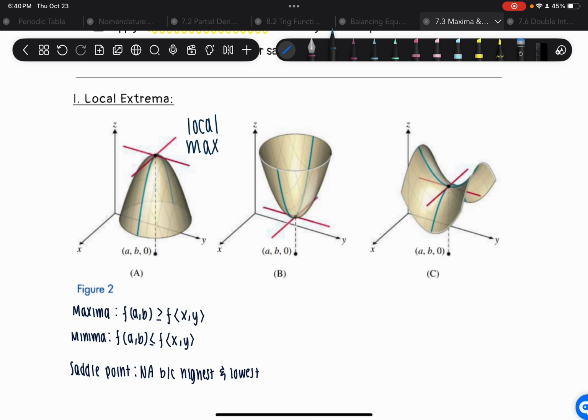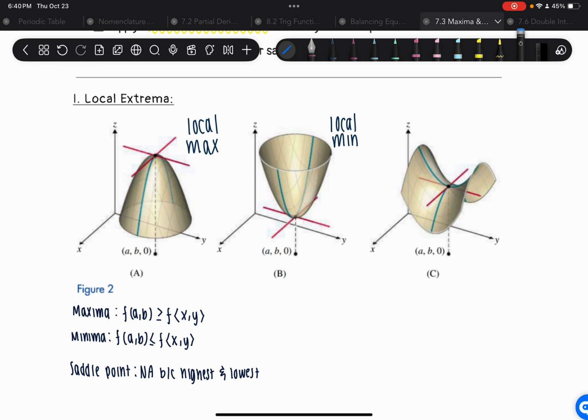In contrast, this second graph is a local minima because, unlike the first one, it has the lowest point. It looks kind of like a bowl shape, but the minima is the lowest point on a graph, which we can see here.